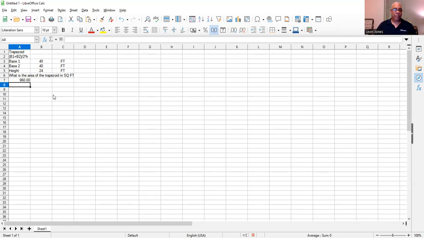Now, how did I get 960? It's very simple. This is in square feet. You take 40 and 40, you add it, you get 80. You divide 80 by 2, you get 40. And you take 40 and multiply it by 24, and you get 960 square feet.